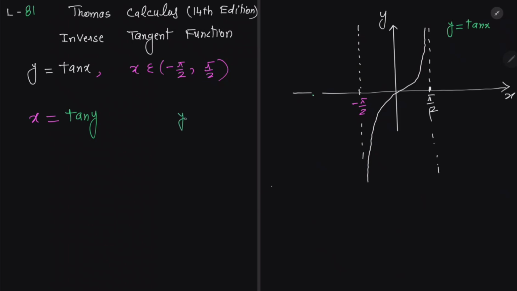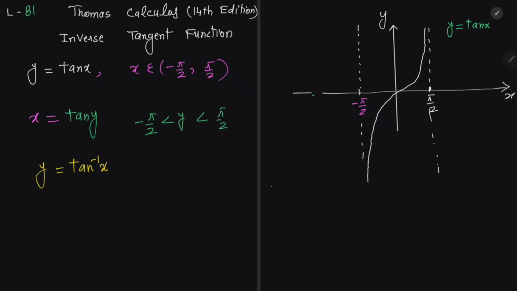In tangent x we had a domain from minus pi by 2 to pi by 2, so now this becomes the range for the inverse function. And we can simply write this as y is equal to tangent inverse x.